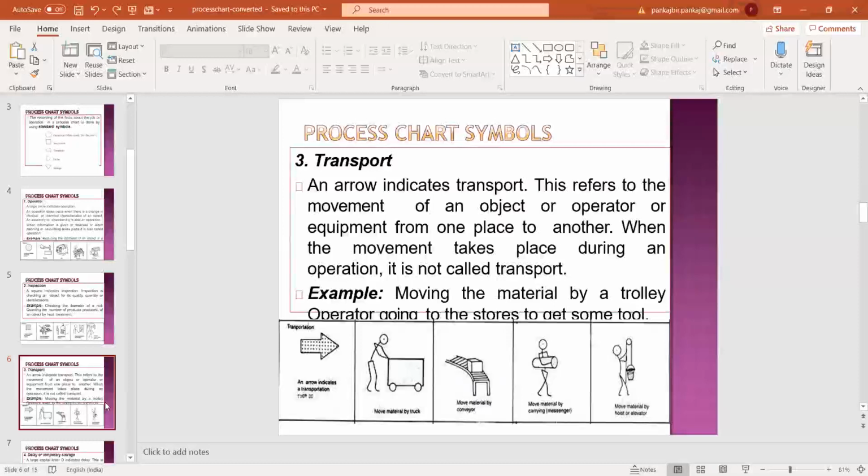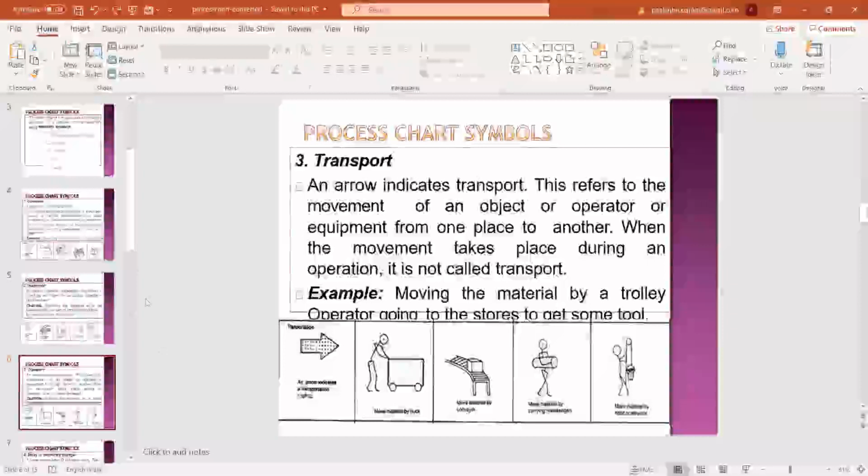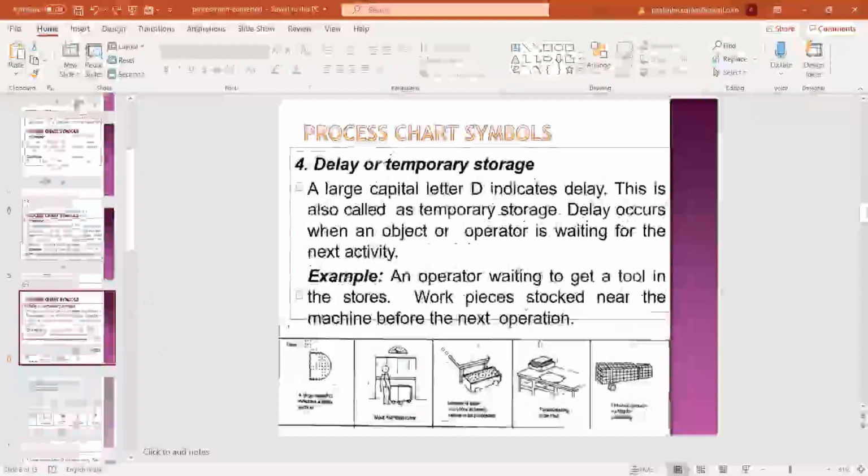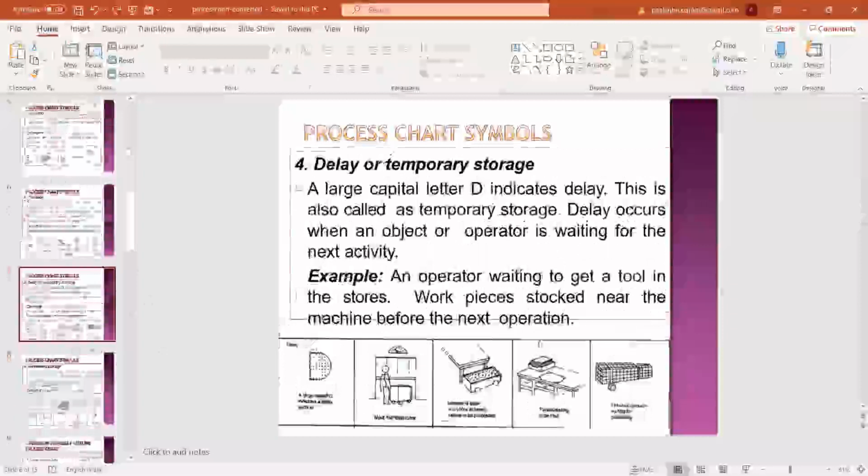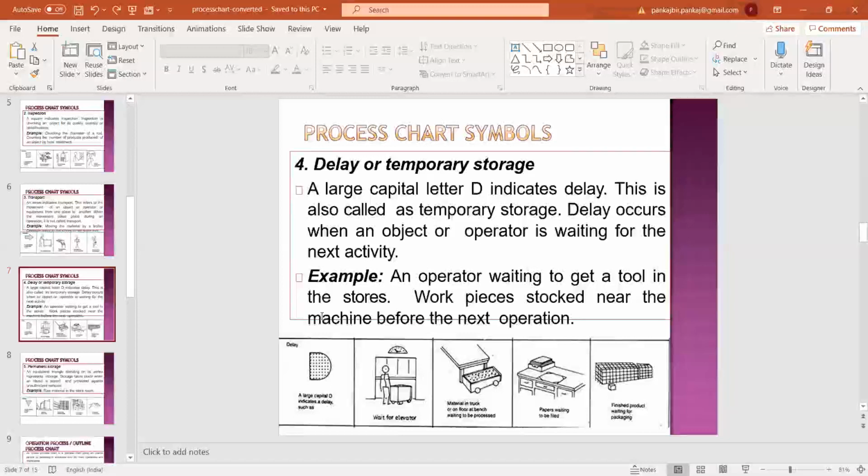For example, we can take the movement of material by trolley, or the movement of a worker to the store to get some tools. The fourth symbol we use is the symbol D, which is used for delay.